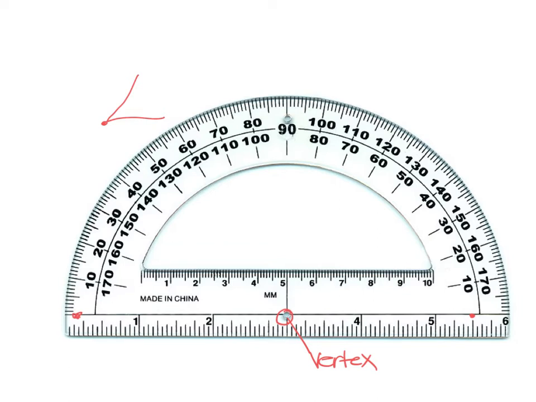Okay, so here's my vertex. So where is my vertex, Noah? Right there is my vertex. You see that, Noah? Everybody see that? And that's on that little dot. And that's why I wanted you to use the plastic one today so that you could see. The vertex is right here, okay? This is my angle.